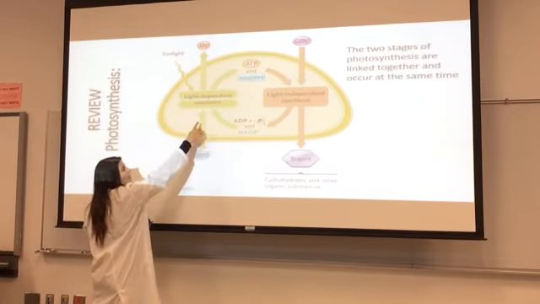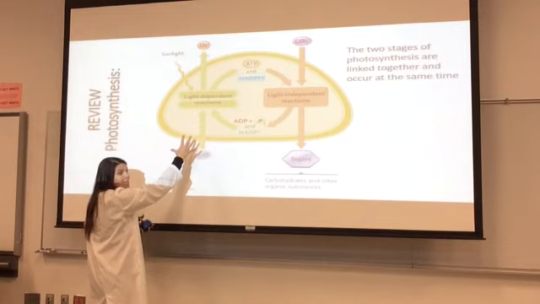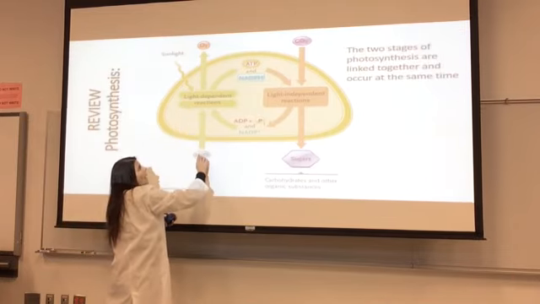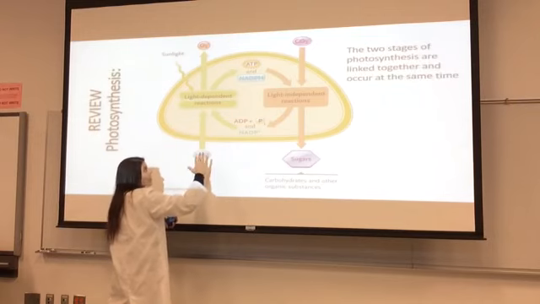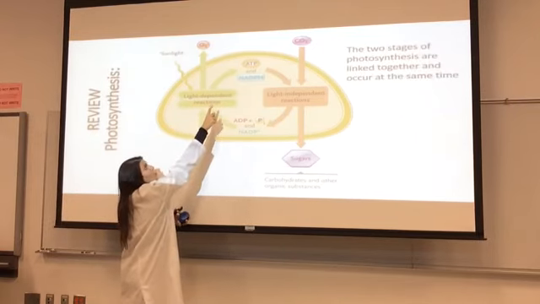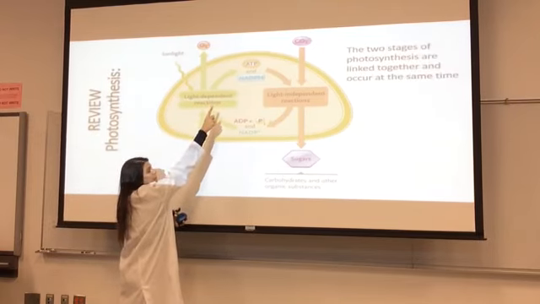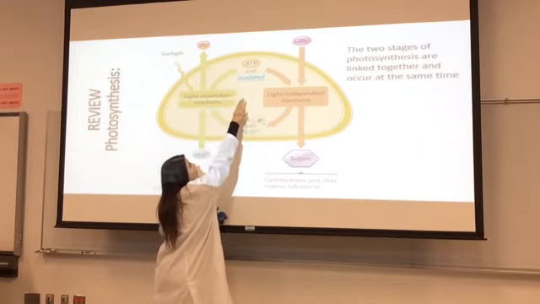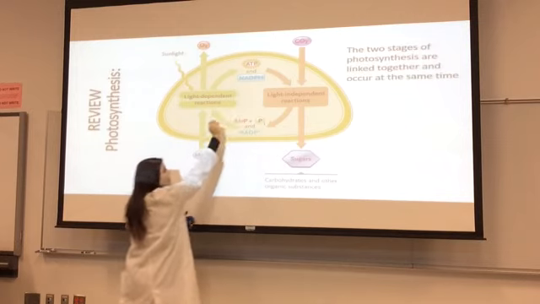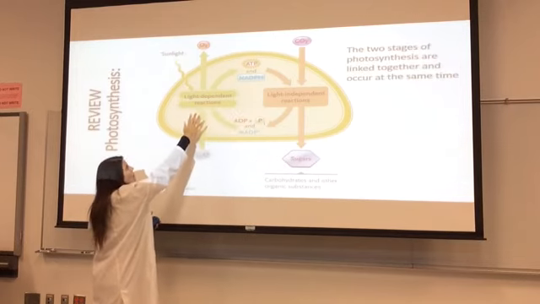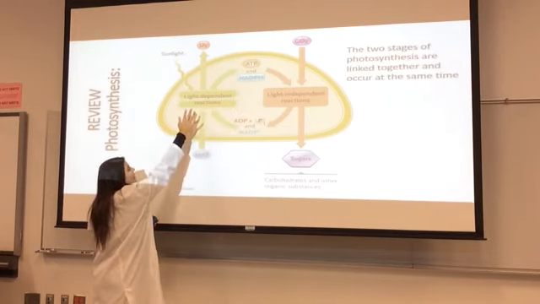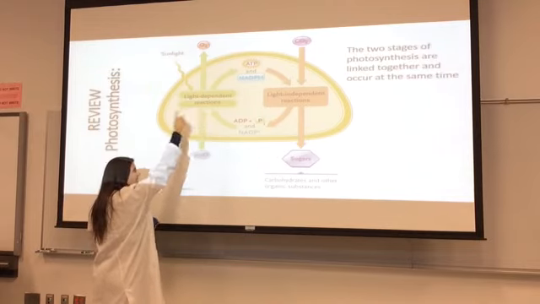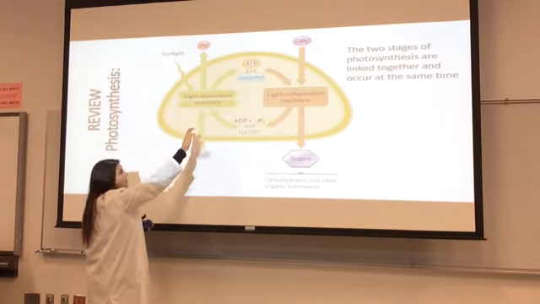So I have water that comes in here and gets lysed, so photolysis, so that oxygen is released. Those hydrogens, which are electrons, are used to photophosphorylate ADP into ATP, as well as reduce NADP into NADPH. That occurs in the light-dependent reactions, which specifically take place in the thylakoid membrane.